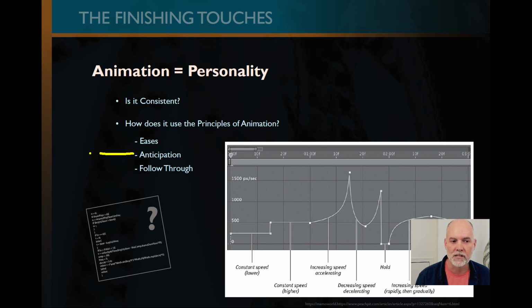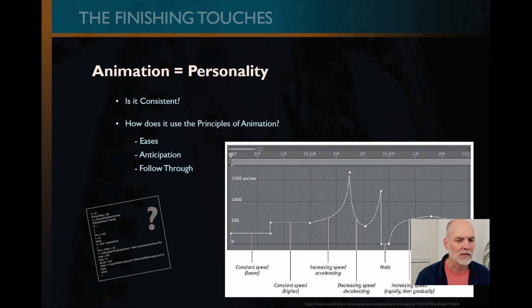I've talked, of course, at great length about anticipation and how important it can be. And then we have a little follow-through action, a little extra nugget for you. And really what I'm going for is consistency here, okay?